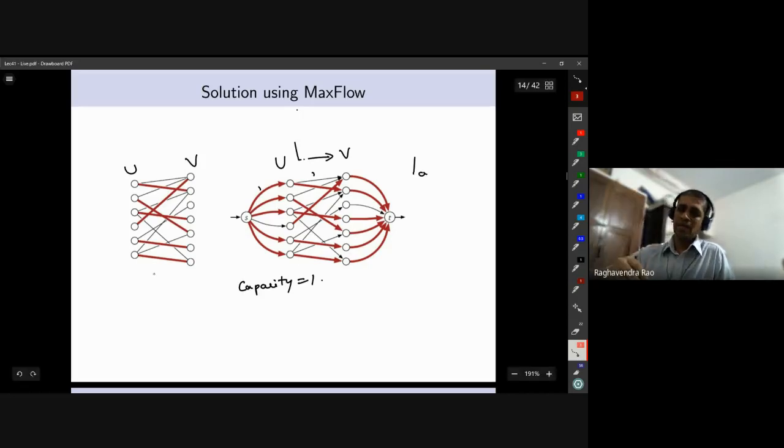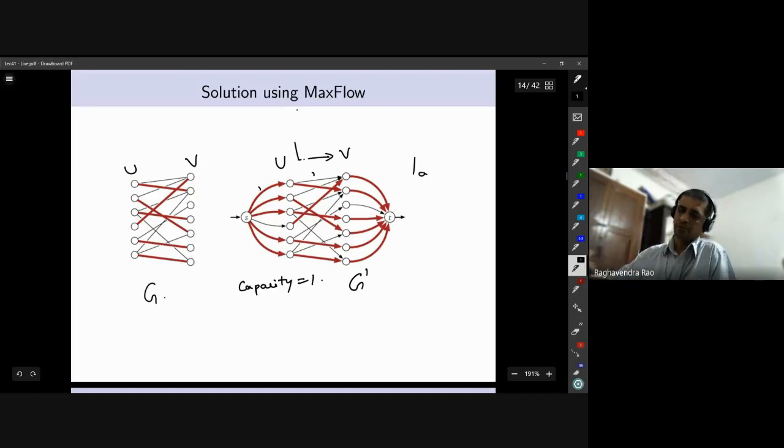Similarly, any matching you can see as corresponding to a feasible flow. All you do is, for the corresponding endpoints, put an edge from S and add the flow value as 1. Similarly, for the corresponding endpoints, put an edge to T with flow value 1. So there is in fact a one-to-one correspondence between flow assignments and matchings.